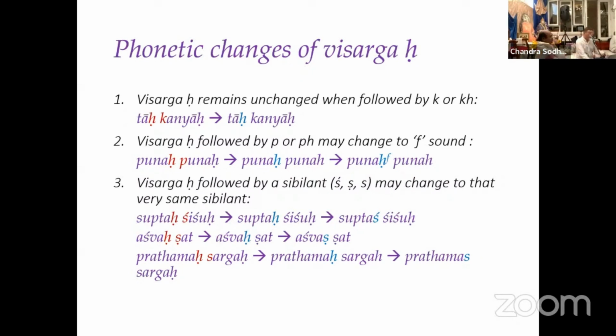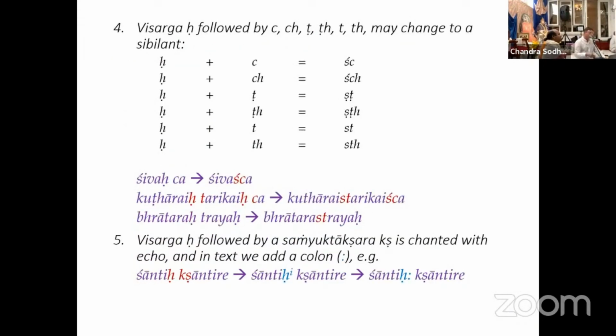Followed by a sibilant, sh or s, so sibilants or fricatives may change to the very same sibilant, and this is very common. For example, supta shishuhu changes into the same supta shishuhu, ashvashat, also for the sake of continuity in the chanting, right? Shivachcha, shivashcha, right? These are some changes which I'm not going to go into in detail now, but what is very important, there is one Samyutakshara which is very special.